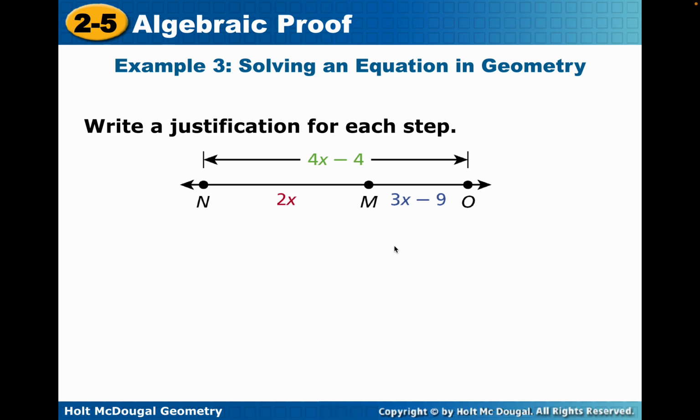Okay, so if we had this, does anyone remember how we were able to prove that NM plus MO equals NO? What was the word for that? How can we say NM plus MO equals NO? Oh, no. That would not be trans.